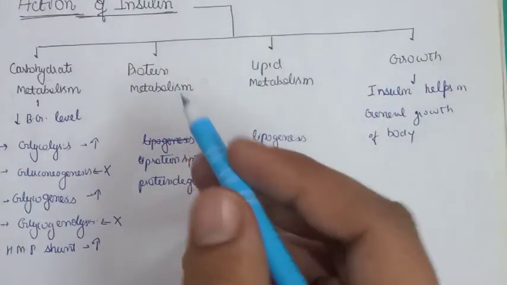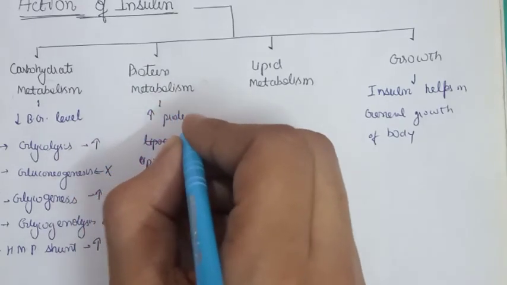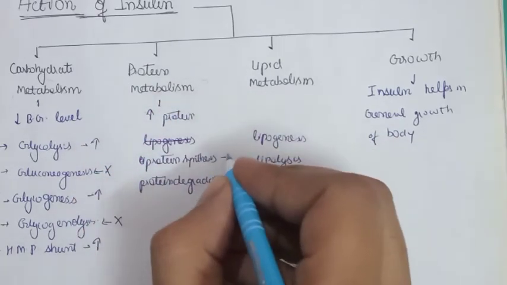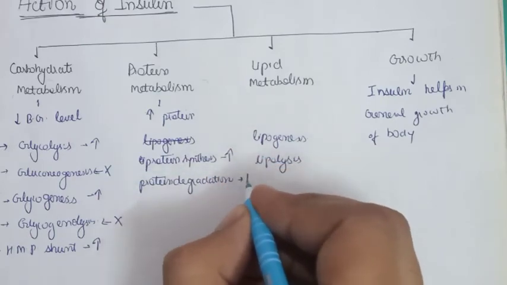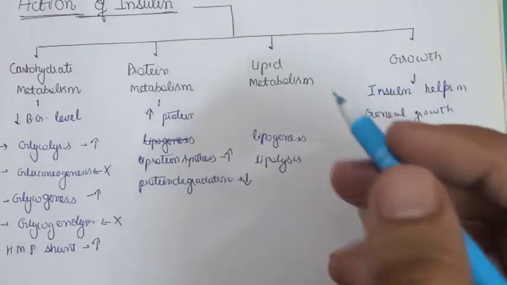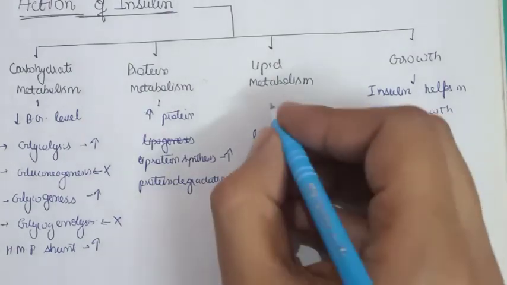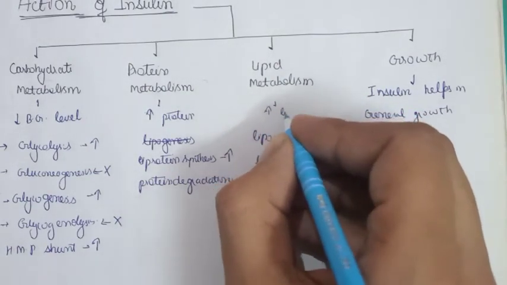In protein metabolism, its function is to increase protein. So it will promote protein synthesis and decrease protein degradation or protein utilization. In lipid metabolism, its function is to produce more triglyceride and fatty acid, so increase lipid.